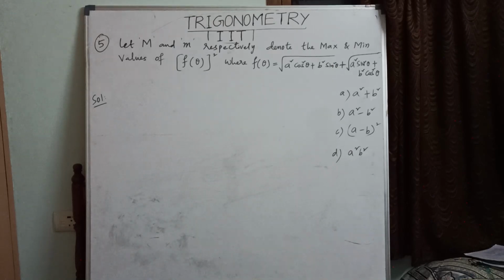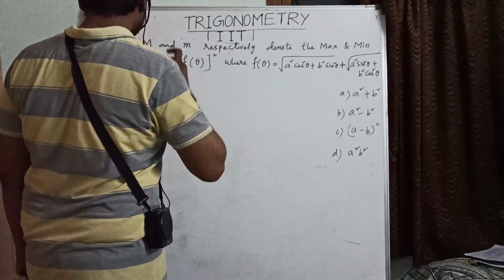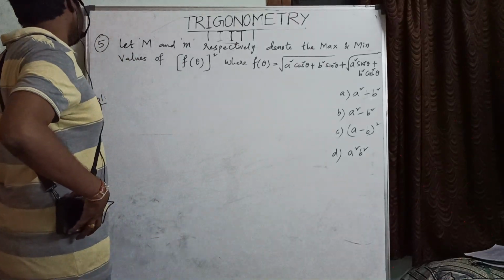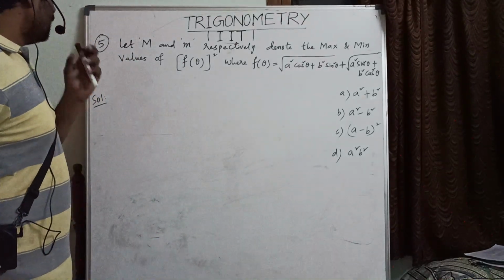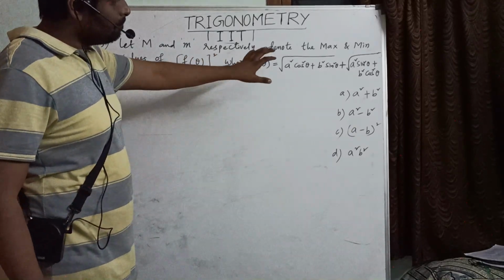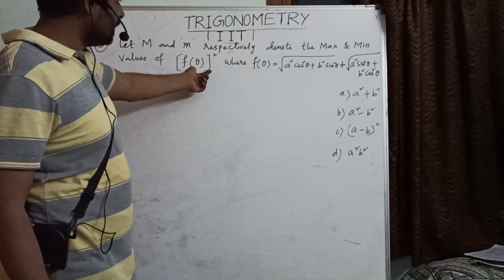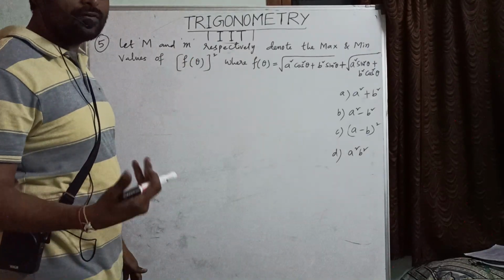Now, let us look at this question. Question number 5. Let capital M and small m respectively denote the maximum and minimum values of f of theta whole square. What is f of theta?